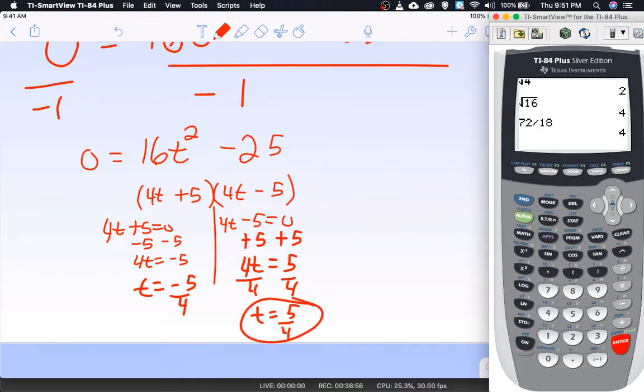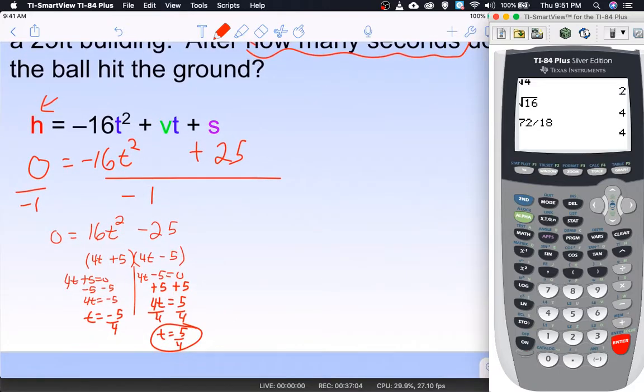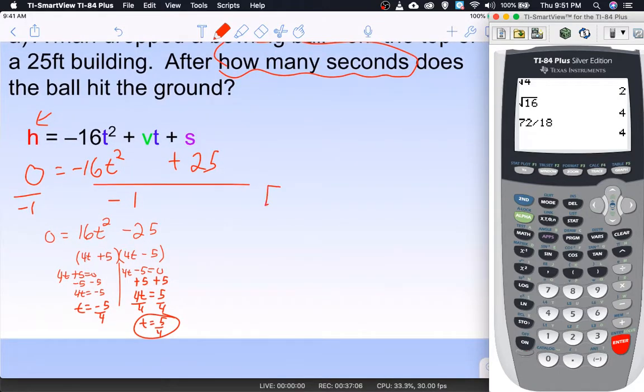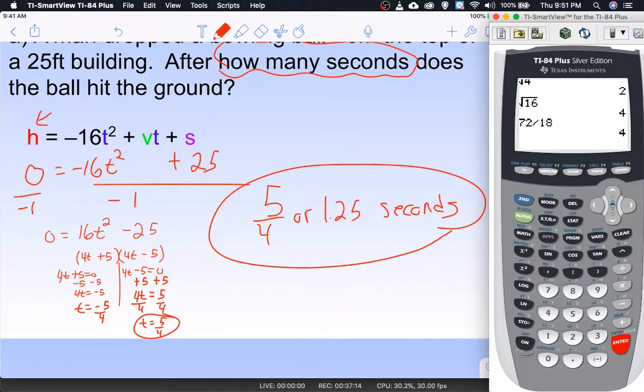That's when the bowling ball would hit the ground, after 1.25 seconds, 5/4 seconds. So I got two answers. One did not make sense. The other did make sense. So that's our answer.